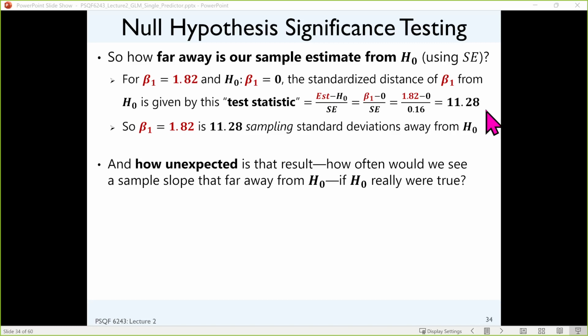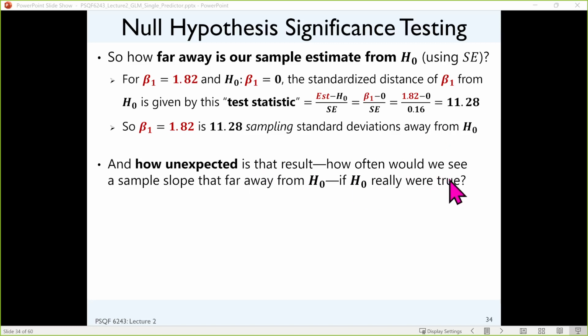But we're using the standard error to describe the expected deviation of the slope. So the standard error in this case is very small. It's only 0.16. So we expect the slope to be off by only 0.16 on average. And this is 11 standard errors away from 0. 11 is a lot.